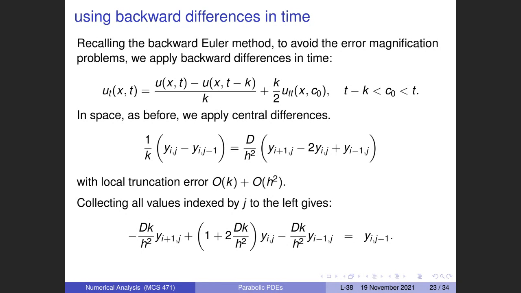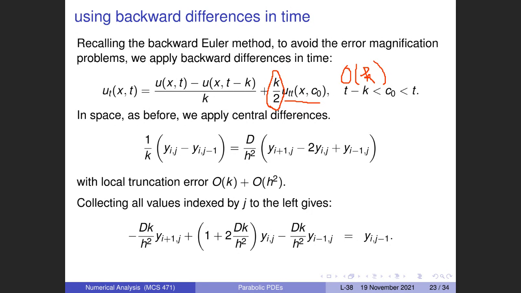So we have the same accuracy. We will still have that this formula has an error that is linear in K. The second partial derivative with respect to time is a constant, depending on the constant C naught and also the fixed value for Y.